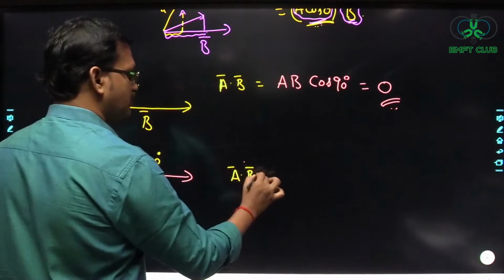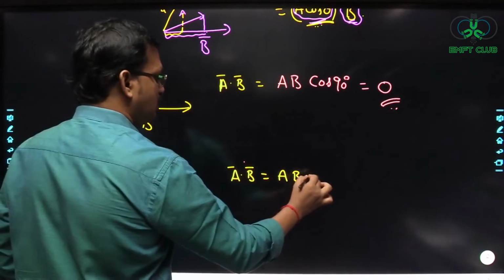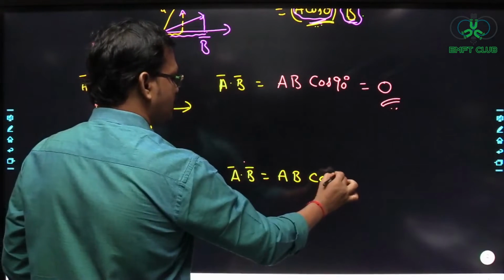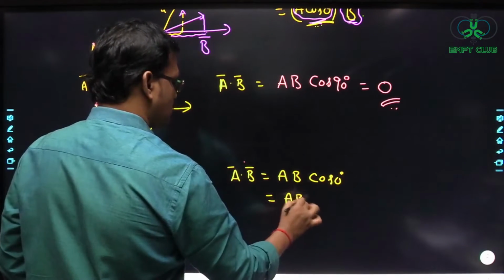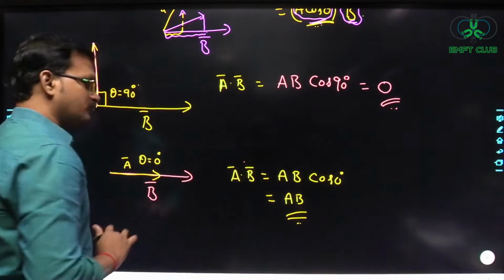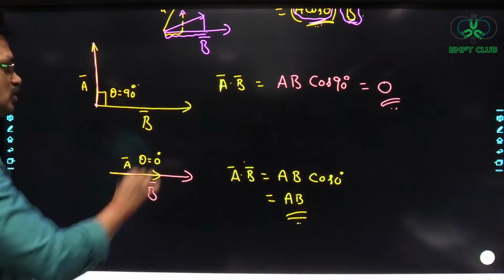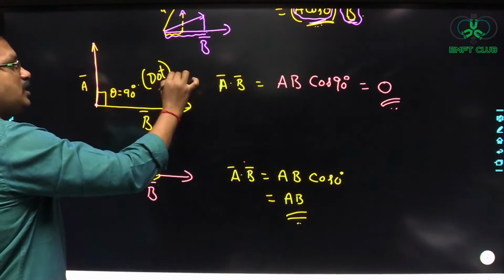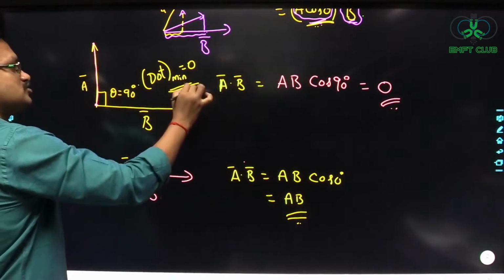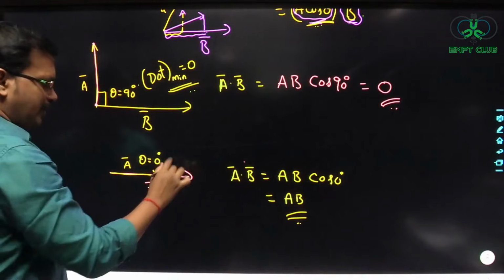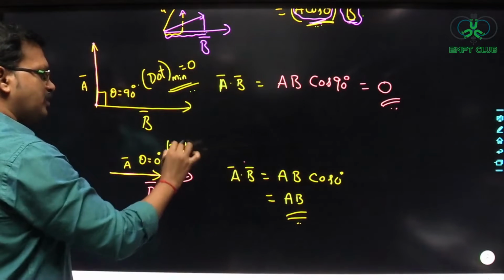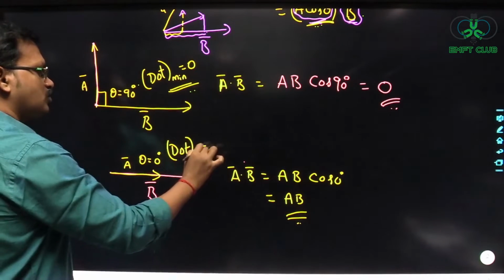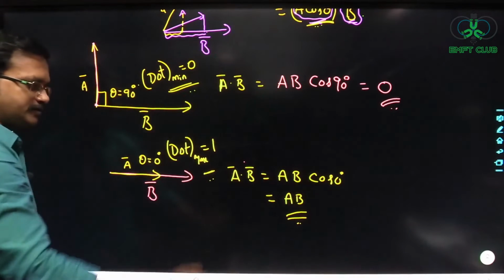A bar dot B bar is equivalent to AB into cos 0 degrees, which is equivalent to AB. So this is the maximum value of the dot product. Yes or no? So here in this case dot product will be minimum, which is equivalent to 0. And in this case the dot product will be maximum, which is equivalent to 1.